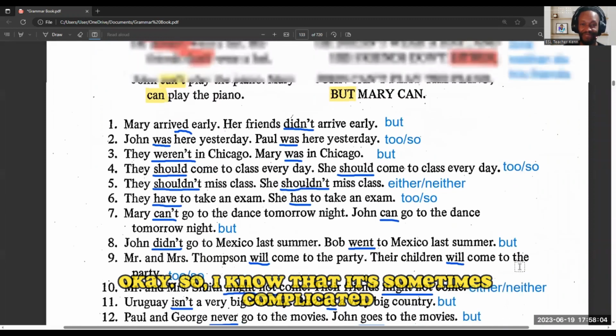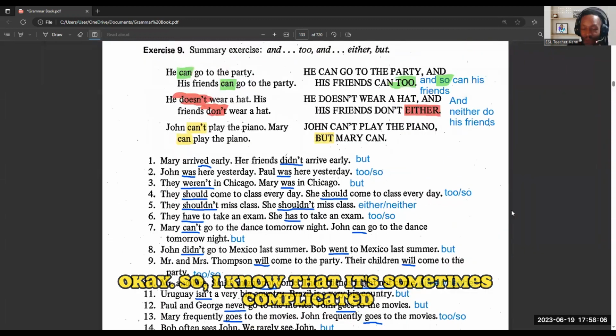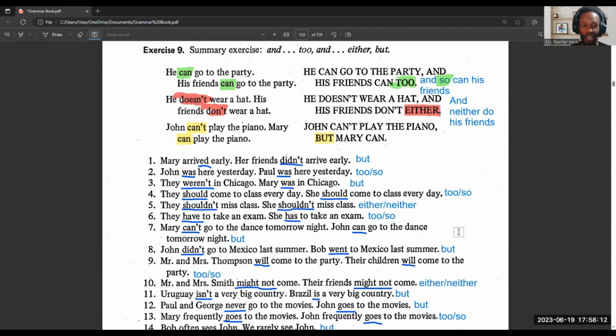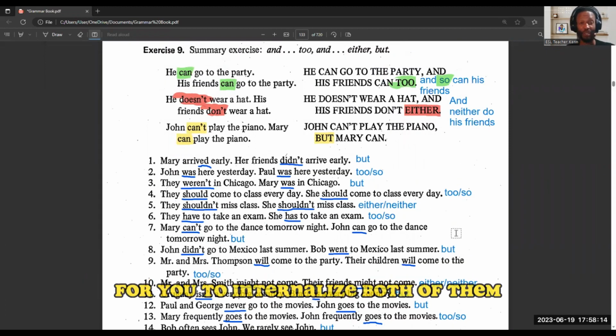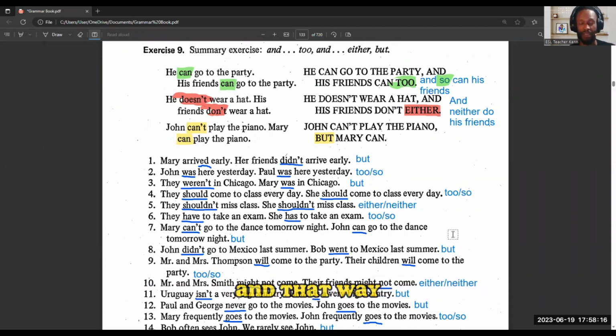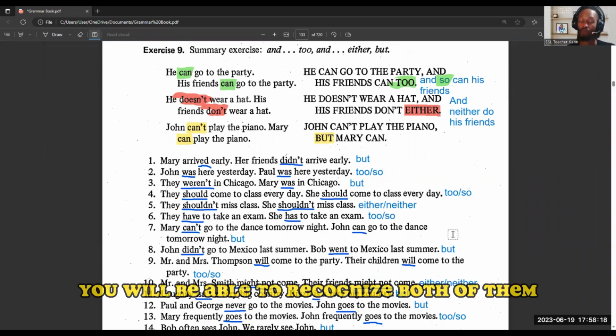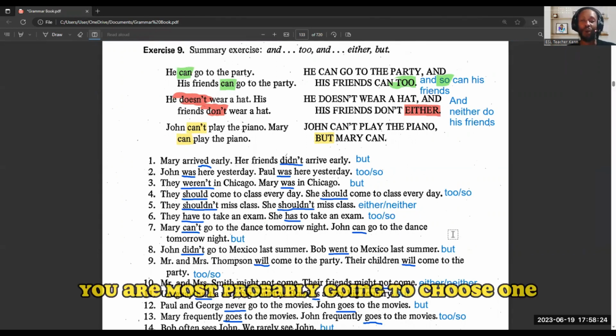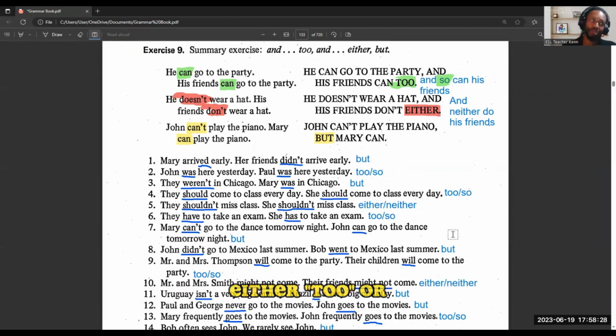Okay, so I know that it's sometimes complicated to get accustomed to using the different structures, but it's good practice for you to internalize both of them. That way, you will be able to recognize both of them when you listen to them. When you're speaking, you are most probably going to choose one, either "too or so" or "either or neither," and stick to it.